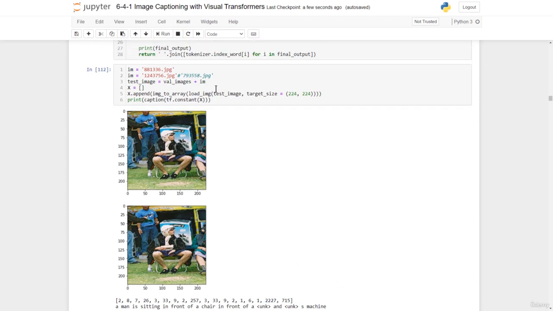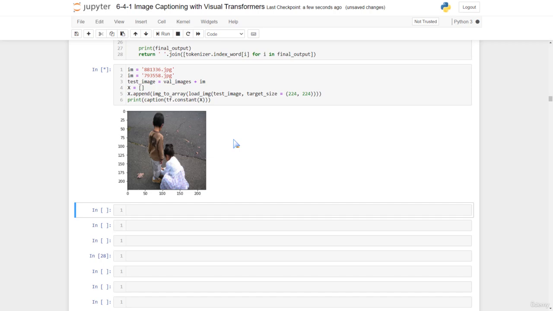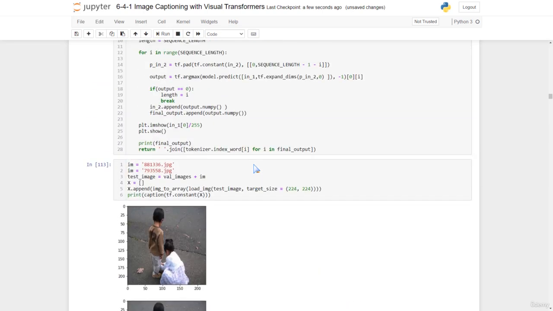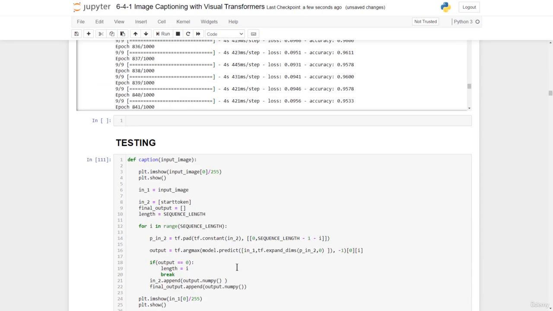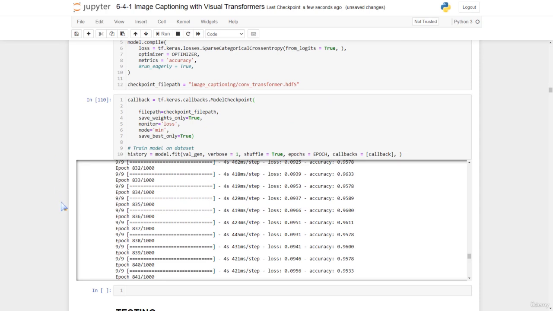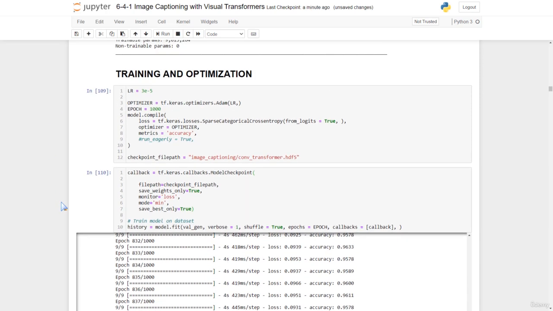We can check out this other image. A little boy in a brown shirt and a little girl in a flower dress are looking at the ground. So that's it. We've overfitted on part of our validation set. We can now go ahead to train on the full data set while decreasing the loss slowly as was given in the paper.